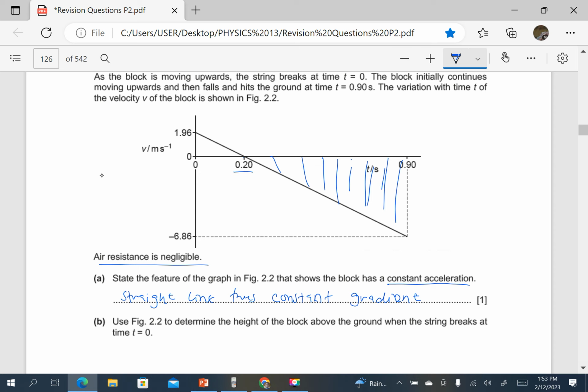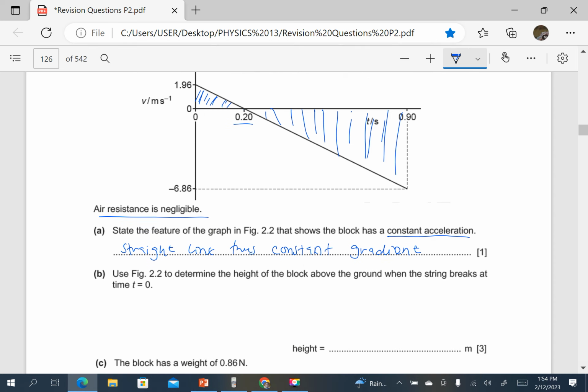They want us to determine the height of the block above the ground when the string breaks. As soon as it breaks, the block would travel this distance here. So we can get the distance it travels after the string breaks, minus the distance it falls downwards from maximum height, to find the height of the block above the ground when the string just breaks.